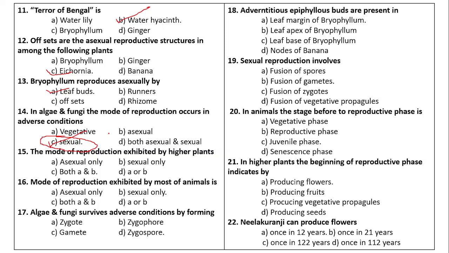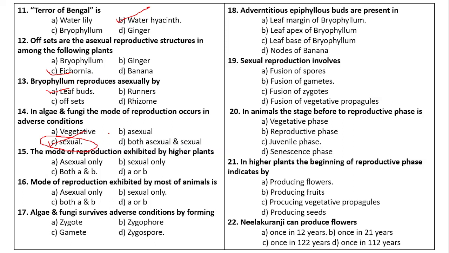But in harsh or adverse conditions, they go for sexual reproduction, by which they can form a cyst-like structure that is more resistant to adverse conditions.